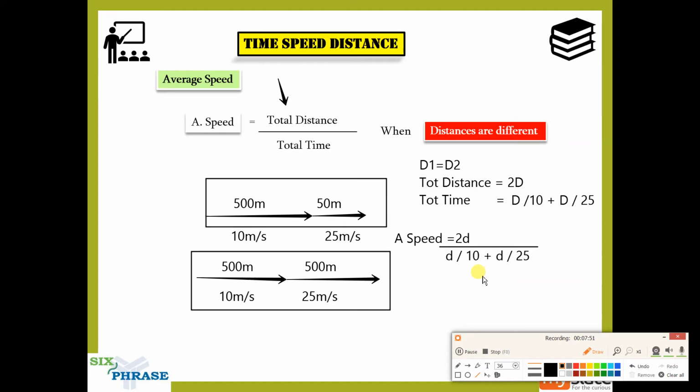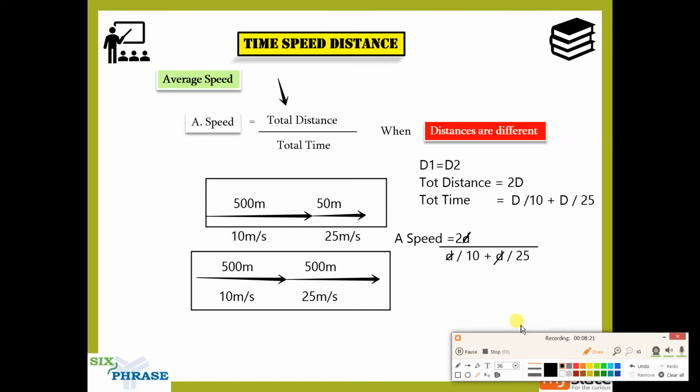Here this d and this d will get cancelled, correct? Similarly this d and this d will get cancelled, correct? So what happens is this 10 and 25 will become 10 into 25. You can write it. What is the LCM of 10 and 25?